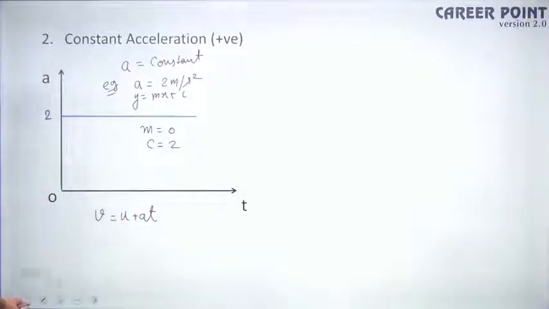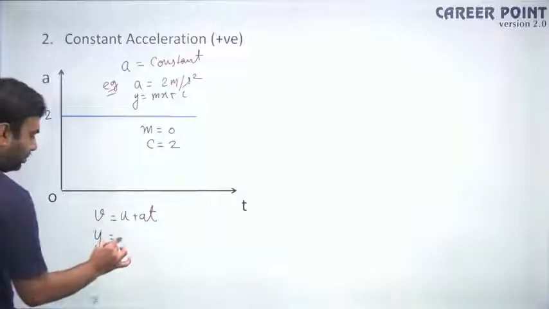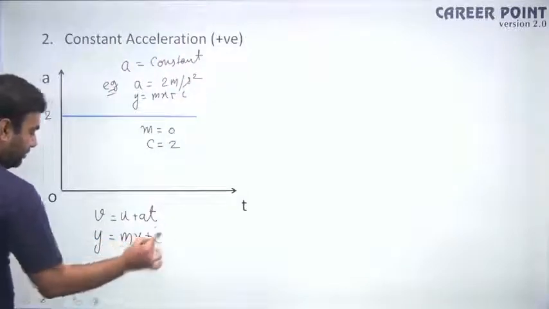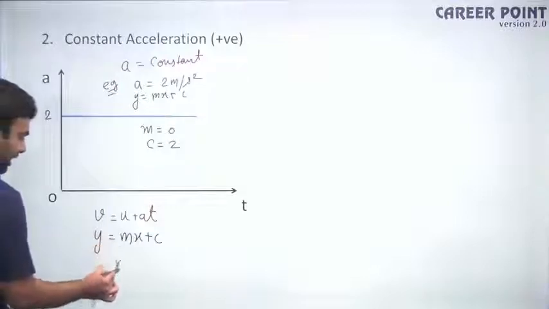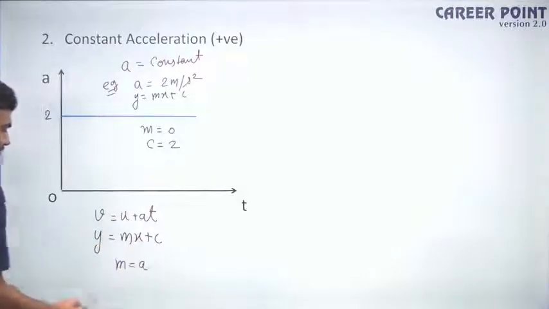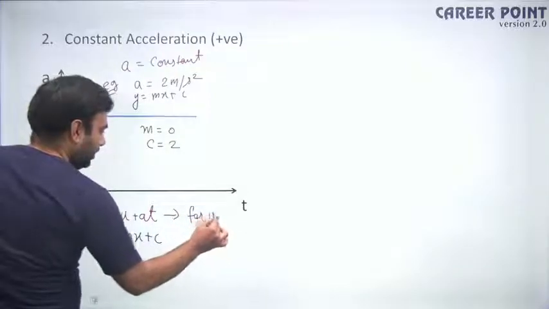Now again, to draw the velocity time graph, compare this equation with y equals mx plus c, and you will get that m is equal to a. This equation is for the VT graph.